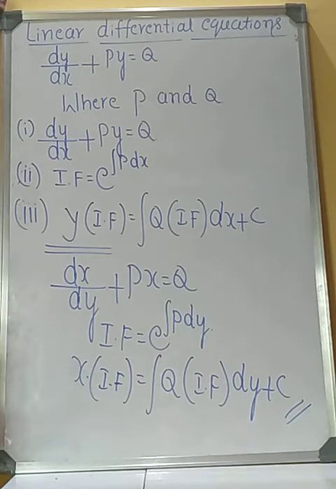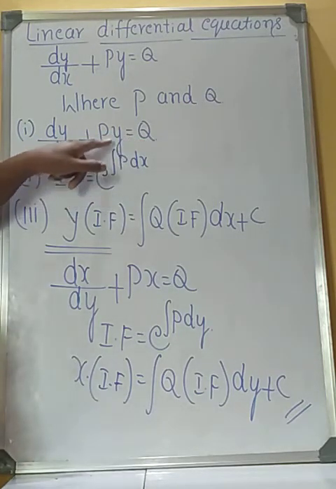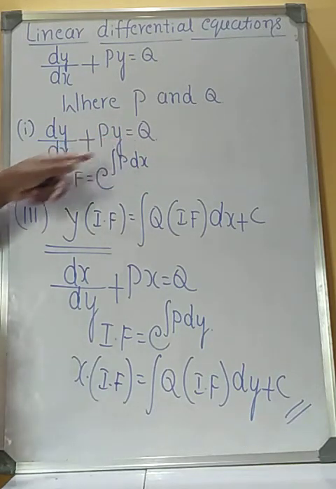Steps involved to solve it: Step 1, write the given differential equation in the form dy by dx plus py equal to q, where p and q are constants or functions of x only.